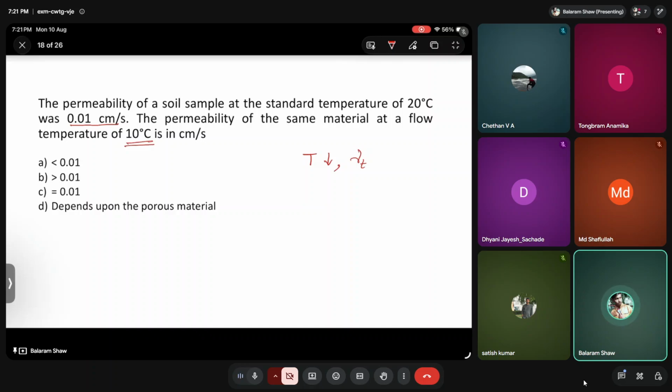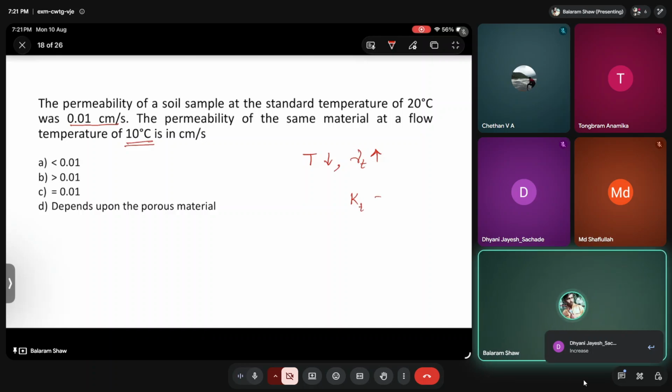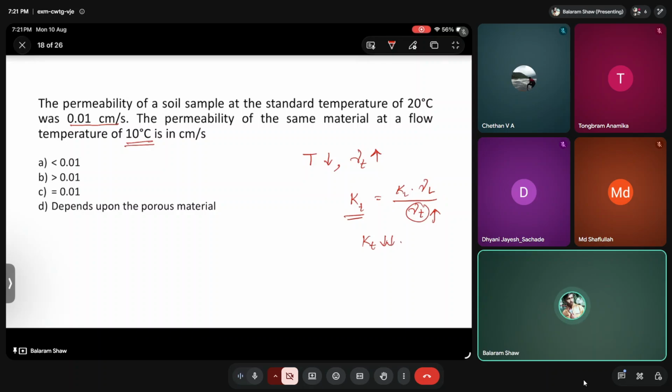The viscosity will increase, correct? And we know the formula Kt equals K into kinematic viscosity at laboratory temperature divided by that at the test temperature. Now, if this is increasing, then what will happen to the permeability? The permeability should decrease, correct? So the correct answer will be less than 0.01. Is it clear? Are you guys with me now? So the correct answer is A.